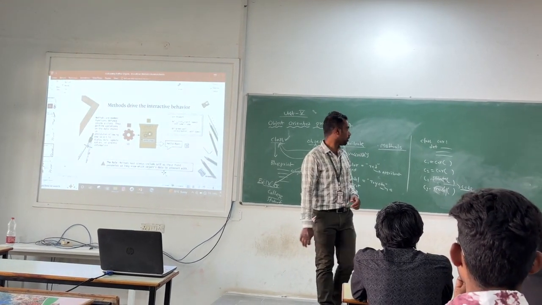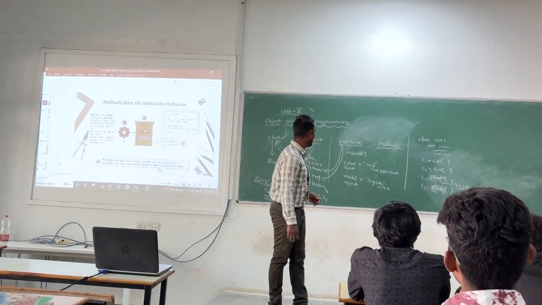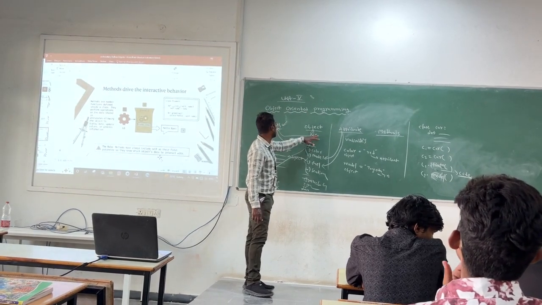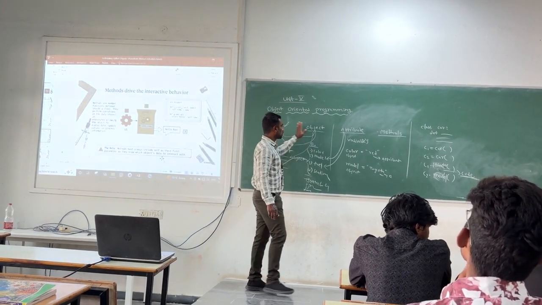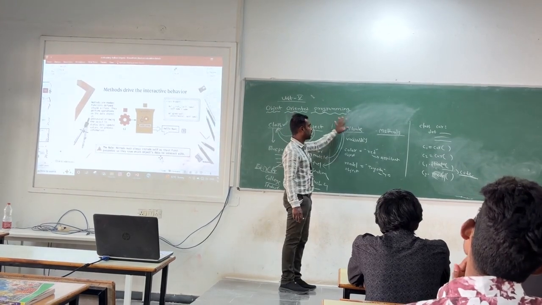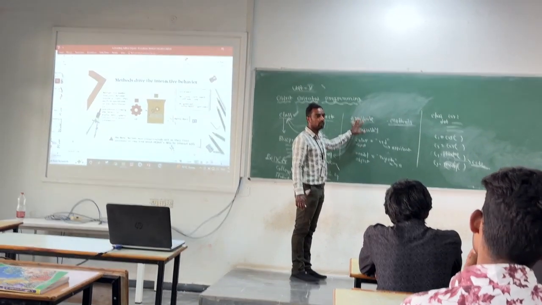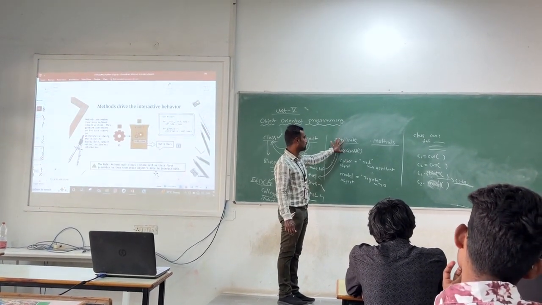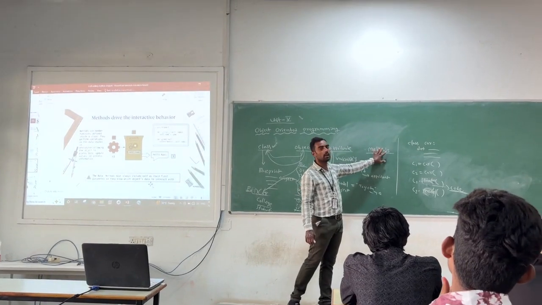Here there is a flow from object to class. Several objects will use the class, and these objects will be assigned attributes. Then how to operate these attributes is defined in the methods.